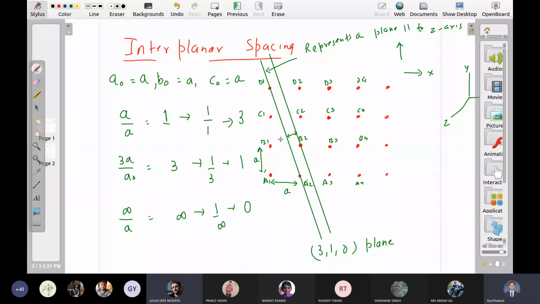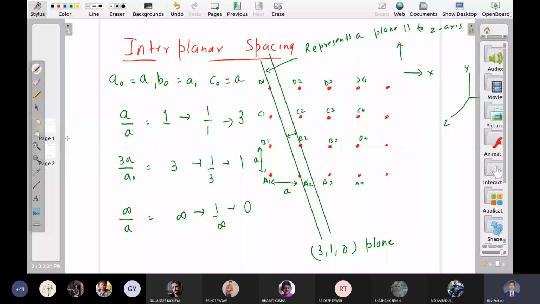Okay. So, see, this 310 plane, obviously it will pass through some point, right? So I have one plane which is passing through some of the points of the lattice. Now I want to know the next 310 plane passing through any of the points nearest to this plane.